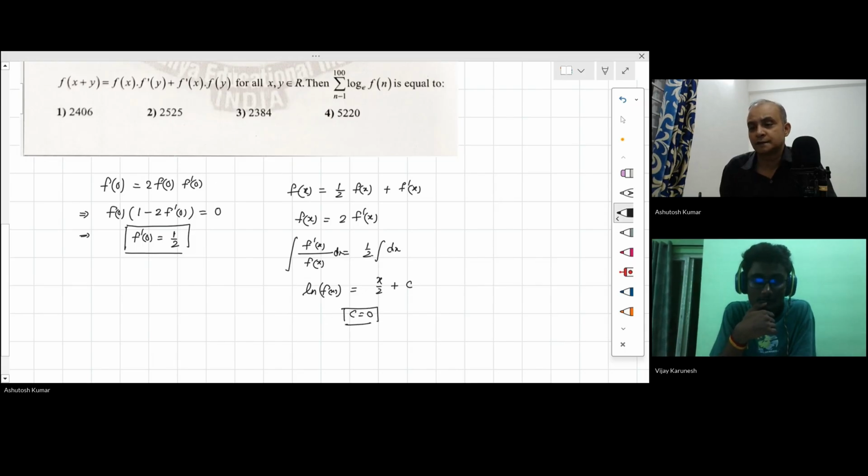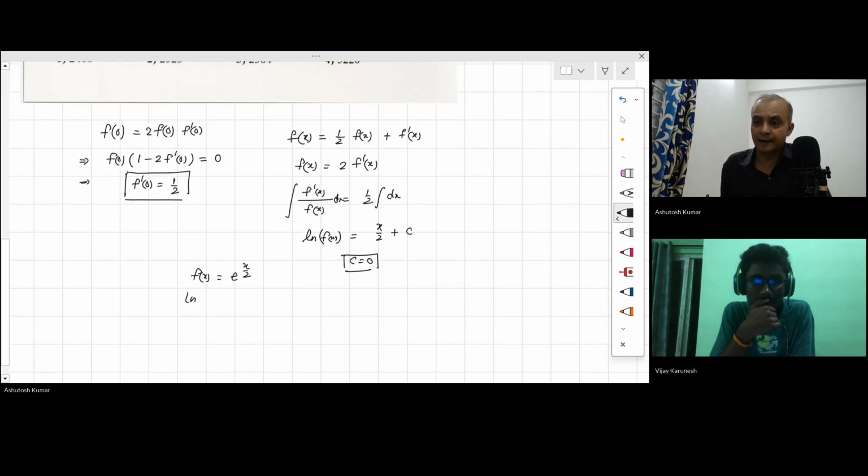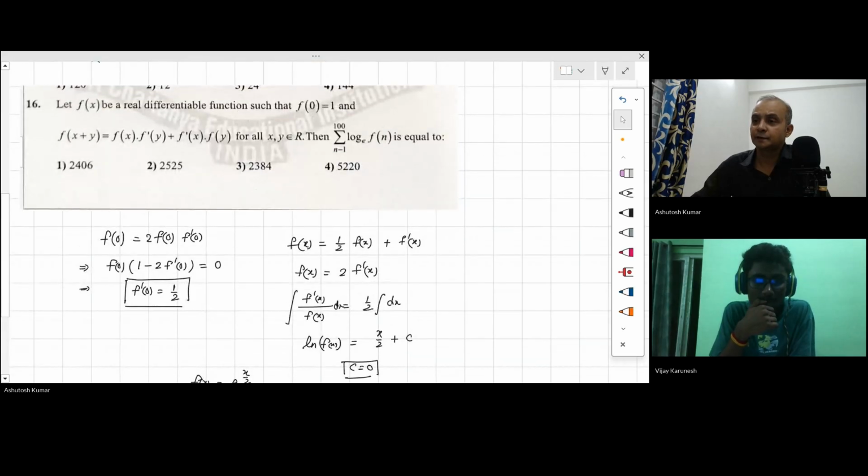So what we get is f(x) is equal to e to the power of x by 2. Correct. Now ln f(x) is nothing but x by 2, and we are substituting n there.